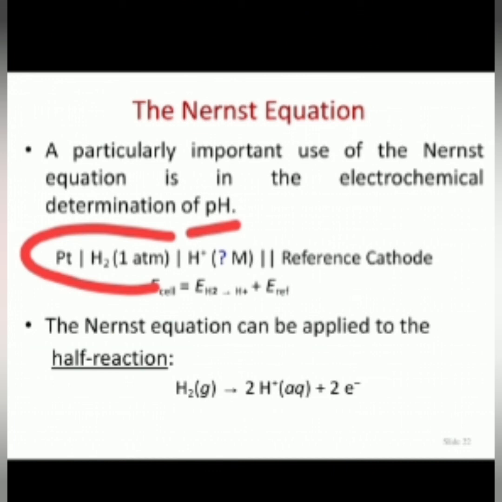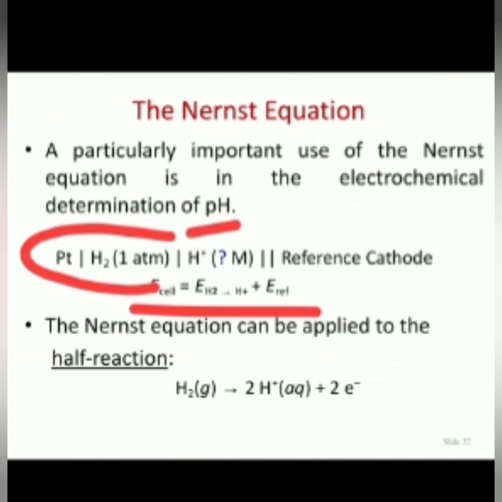The reference electrode is taken as the cathode. Here E cell equals E half reaction of hydrogen plus E reference.